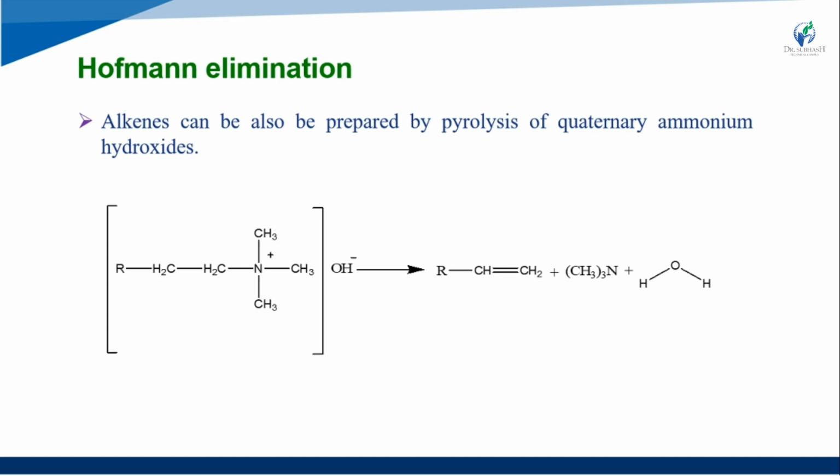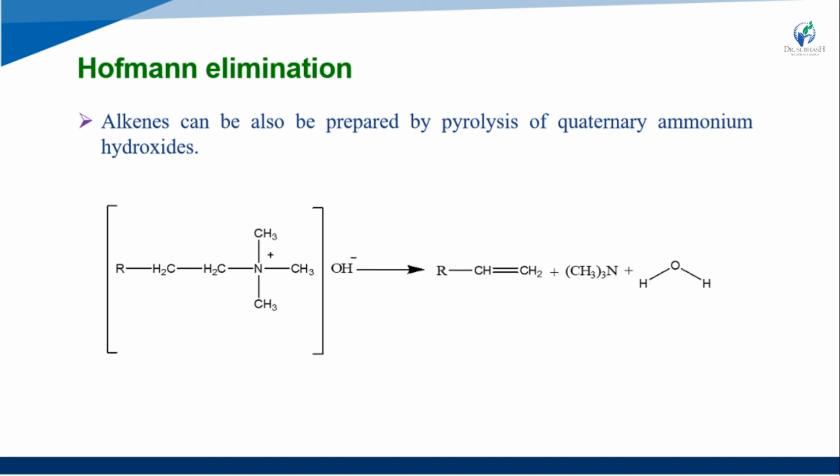In the Hofmann reaction, alkenes are prepared by a pyrolysis process.